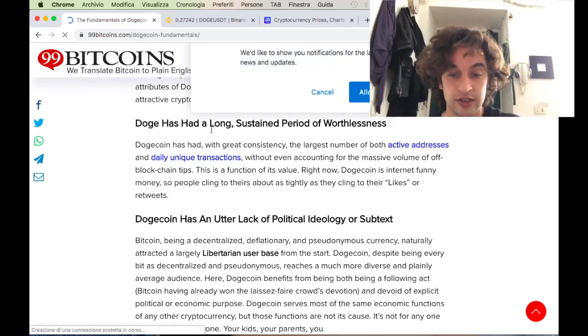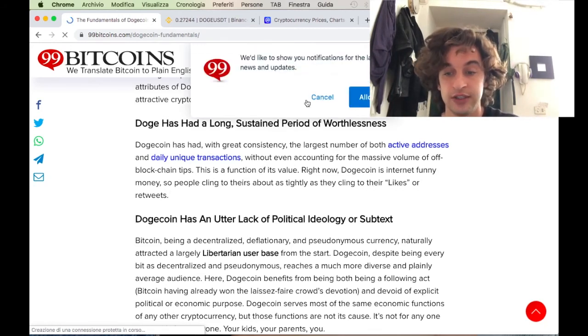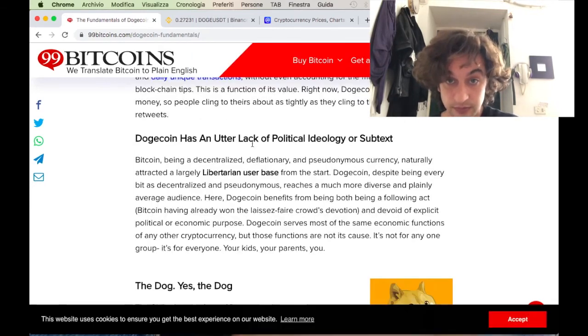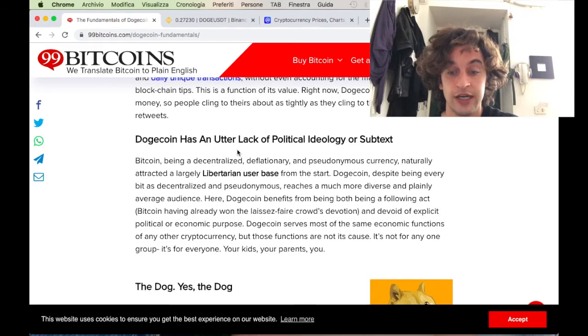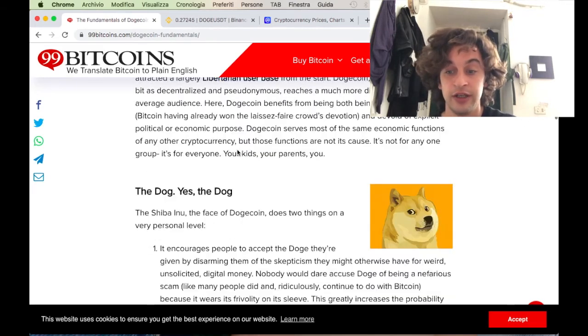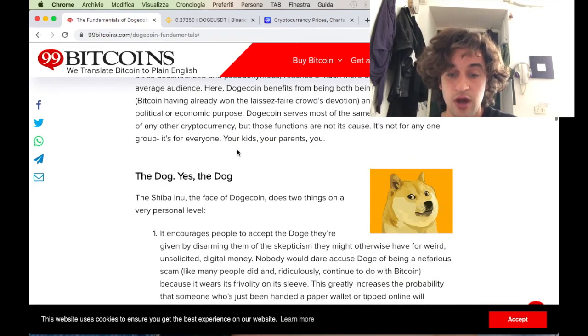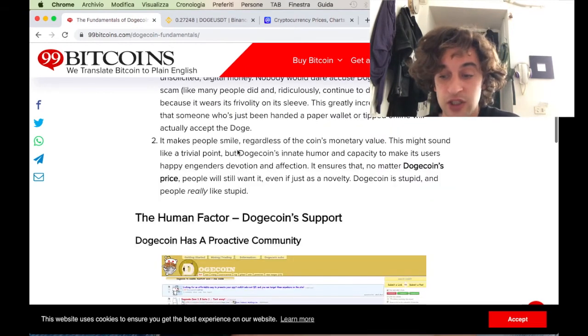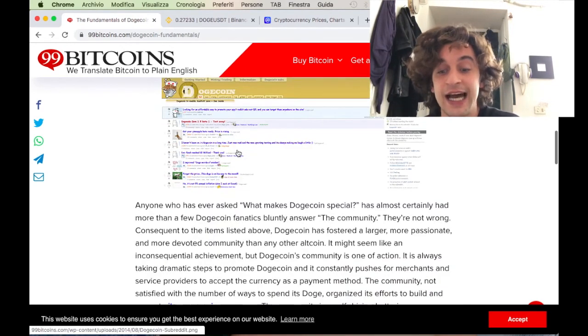As you can see, Doge has had a long sustained period of worthiness. Yes, it's true. And Dogecoin has an utter lack of political ideology or substance. Yeah, it's a meme coin at the end of the day. This is what it's going to be. So Dogecoin is seen as that.